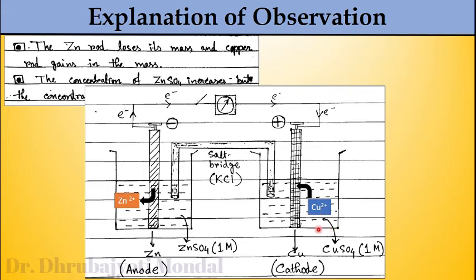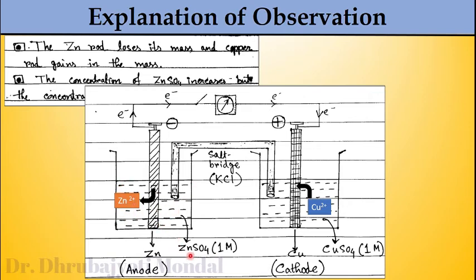Now, this is a very important question. One can ask: you can see the zinc goes as Zn2 plus here, so the concentration of Zn2 plus increases, meaning it is not electrically neutral, because the positive charge increases.